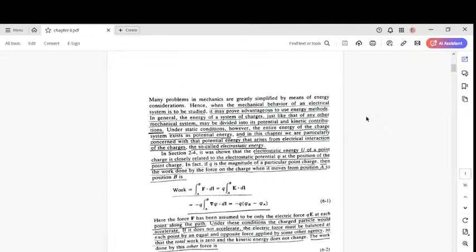In general, the energy of a system of charges, just like that of any other mechanical system, may be divided into its potential and kinetic contributions.